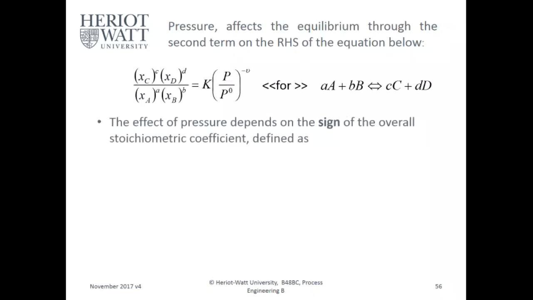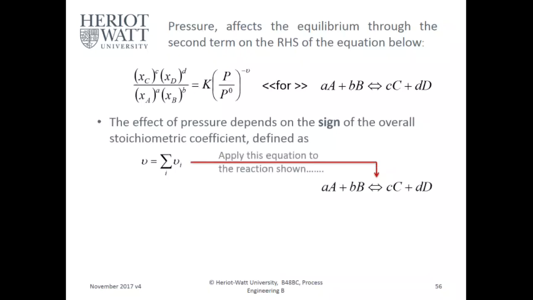The effect of pressure depends on the sign of the overall stoichiometric coefficient, defined as ν equals the sum of νi. Applying this to the reaction A plus B going to C plus D leads to ν equals (c plus d) minus (a plus b). That's quite important: your products minus your reactants is your overall ν.